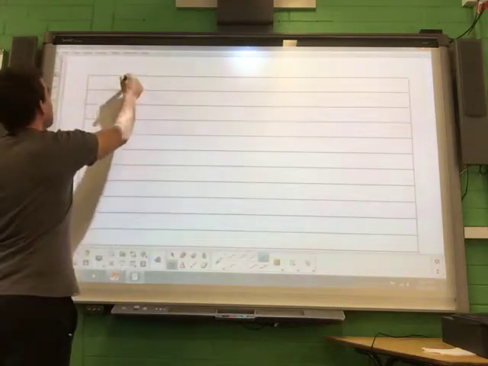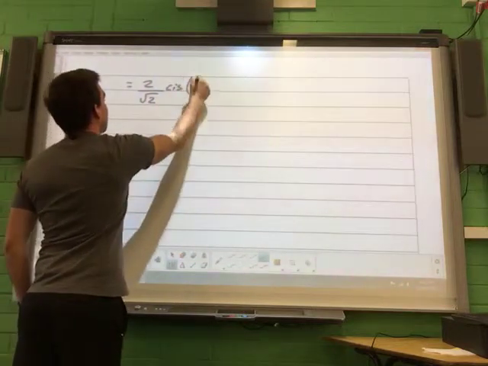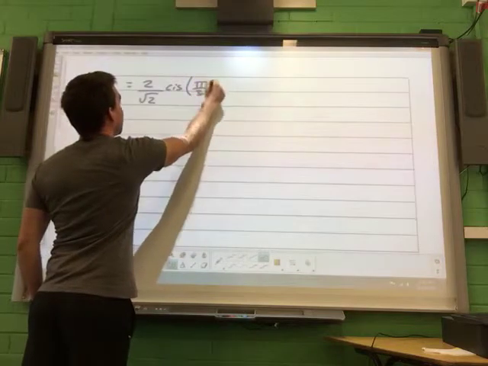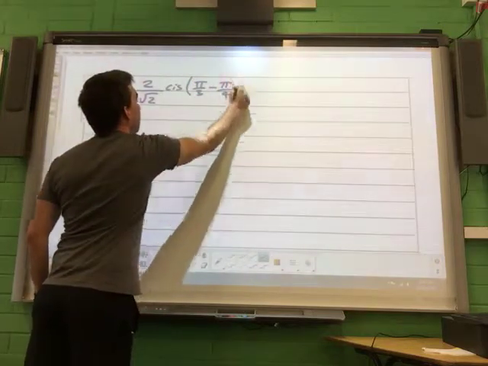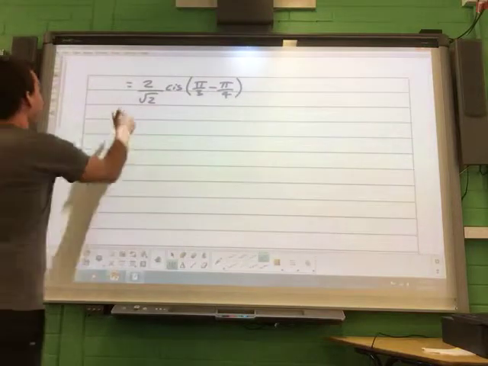Alright. Equals 2 over root 2 cis of pi on 3, take away pi on 4. The third minus a quarter is pi over 12.